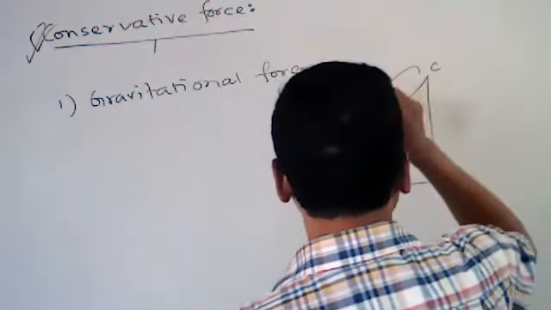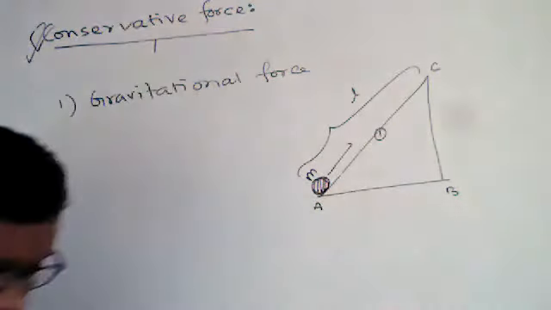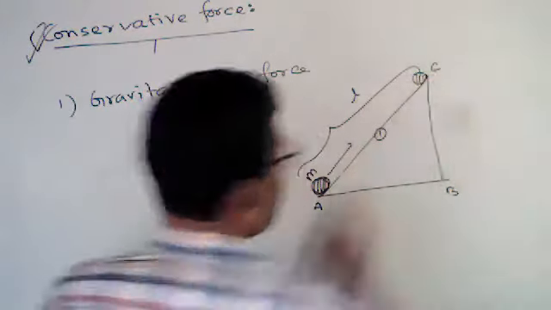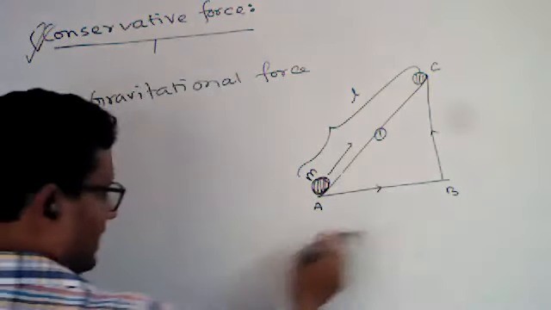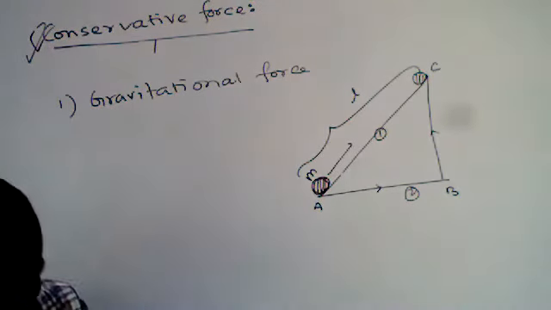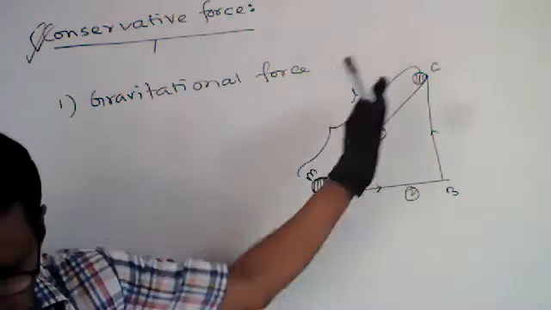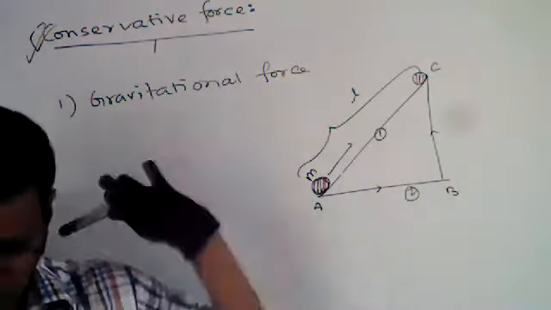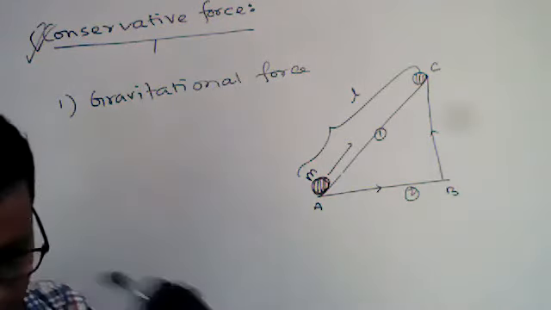The length of this path is L. This is path number 1, with the initial position and the final position. Another path is A to B, B to C. This is path number 2. Now we calculate whether the work done for path 1 and path 2 according to the gravitational force will be equal or not. If equal, then we can say the gravitational force is a conservative force.